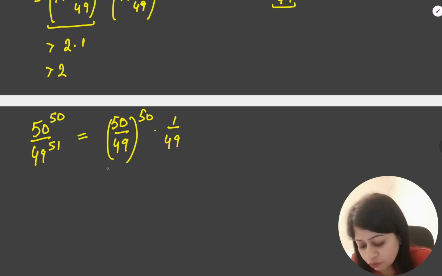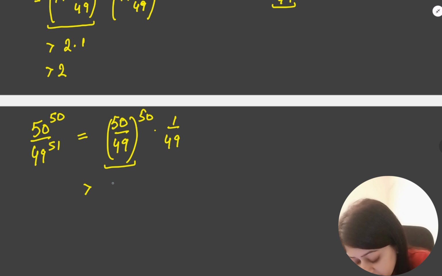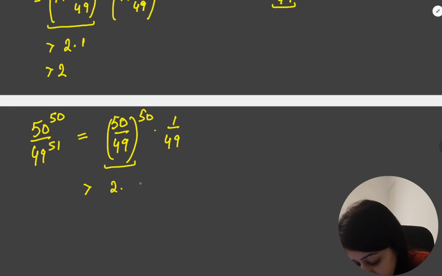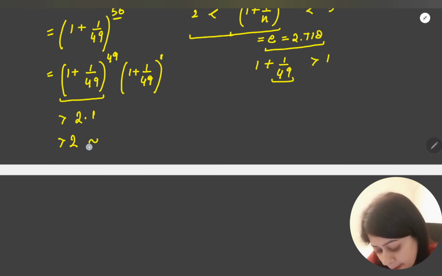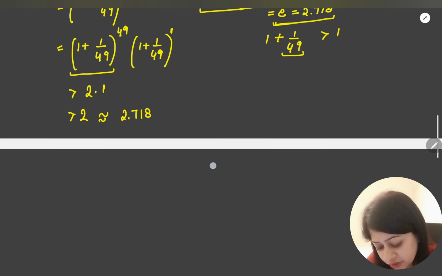Now this term is greater than 2, so this is greater than 2 times 1 by 49, and approximately this is equal to 2.718 because this term is E.